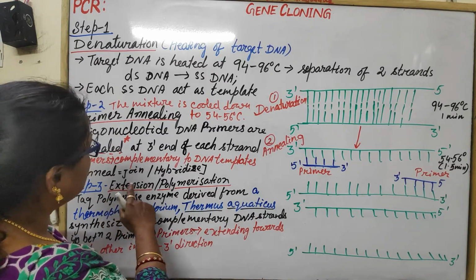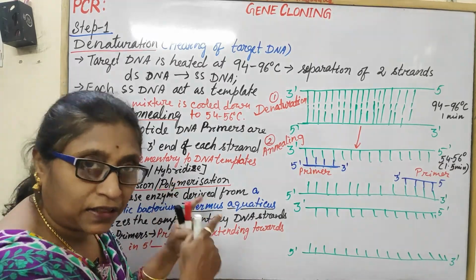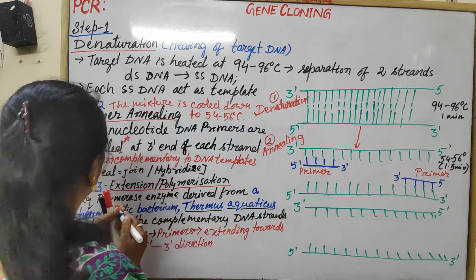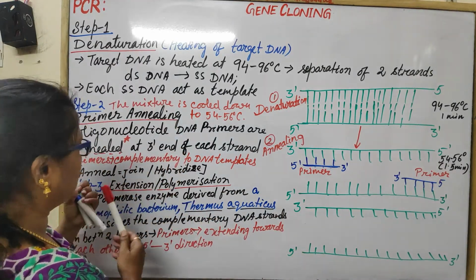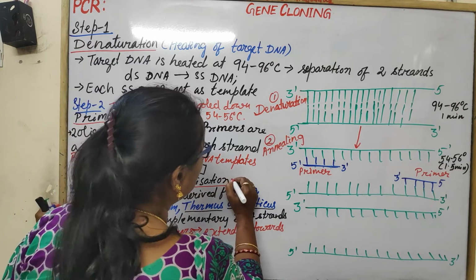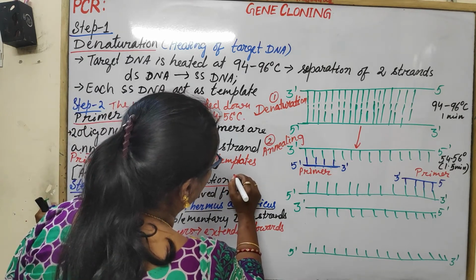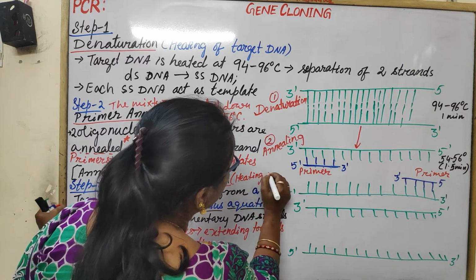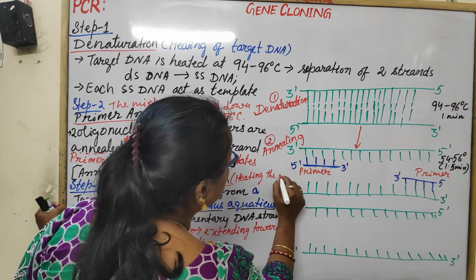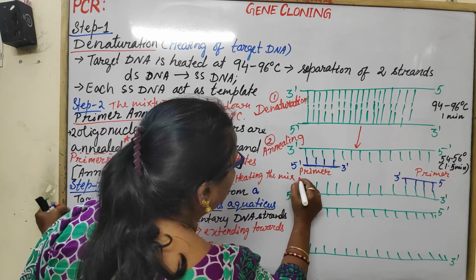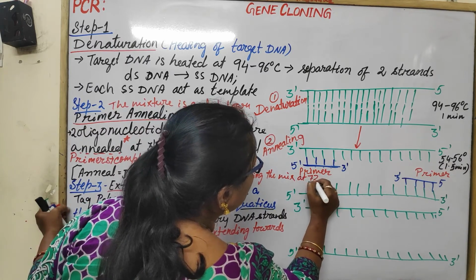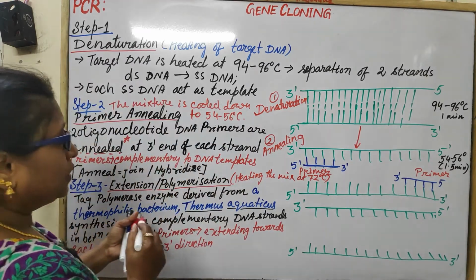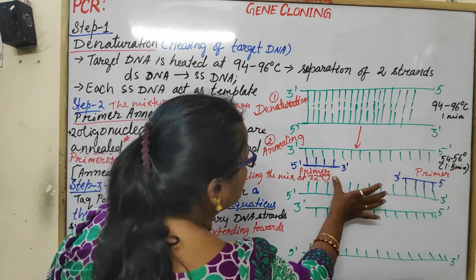Here the extension or polymerization in the third step begins by heating the mixture at 72 degrees Celsius. Okay, this is how the third step begins.